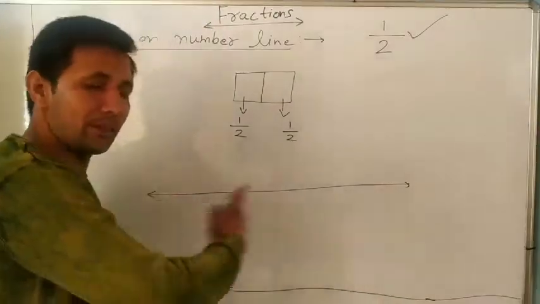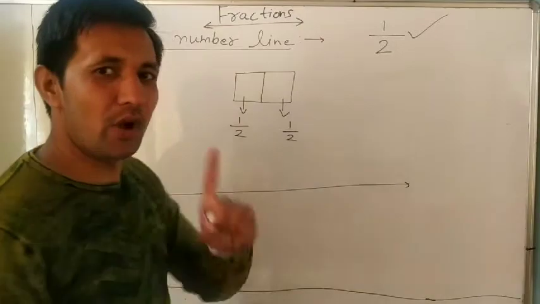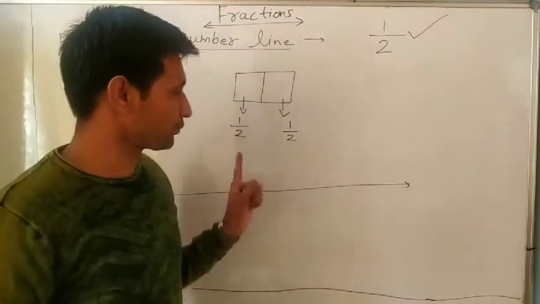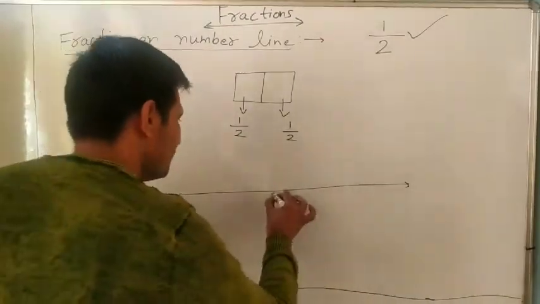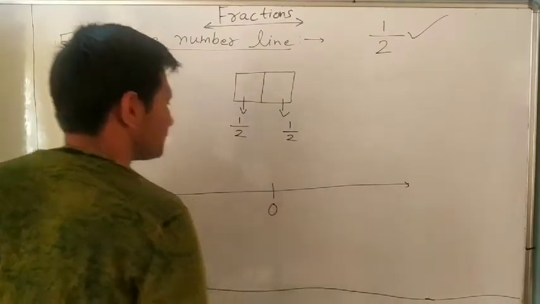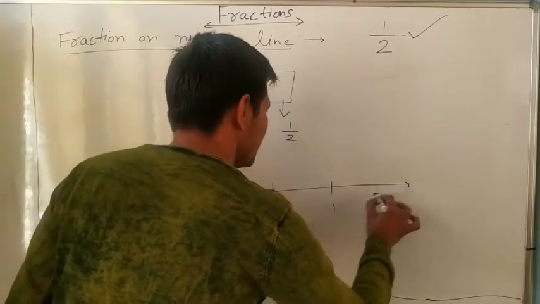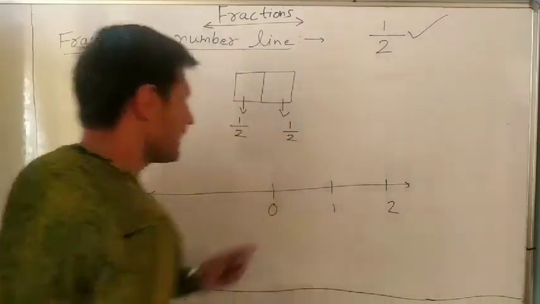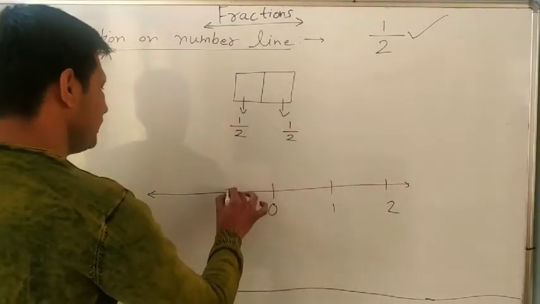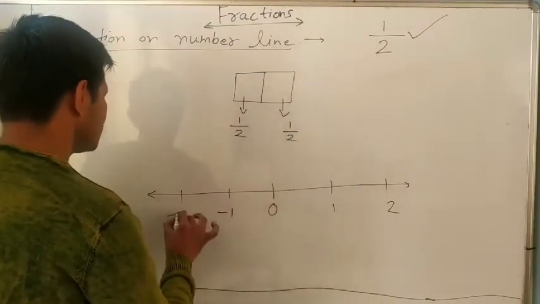Okay, I am drawing directly, but you have to draw in your notebook by pencil and scale. And always it is 0, 1, 2, and left side is negative numbers, -1, -2.